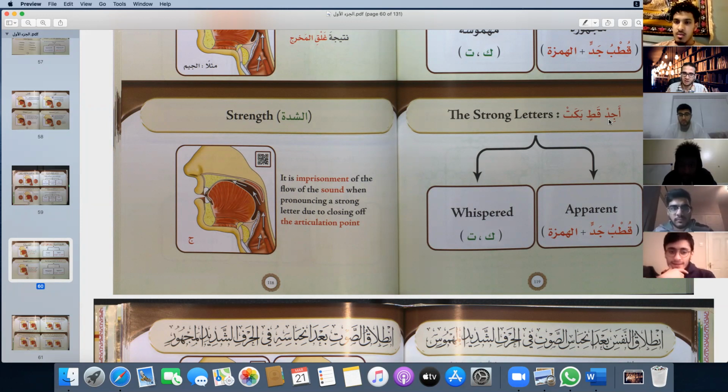Very good. Ta, tu, ti, at. No, at. I said with ta I have hams. At. Okay. So pay attention to the ta and dal, please, when they are with sukoon.